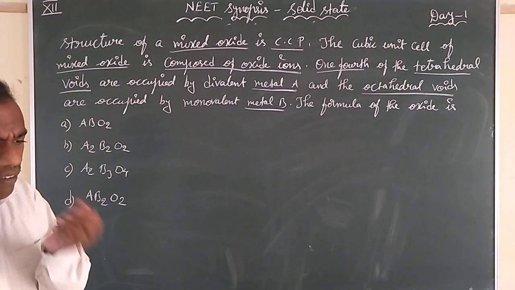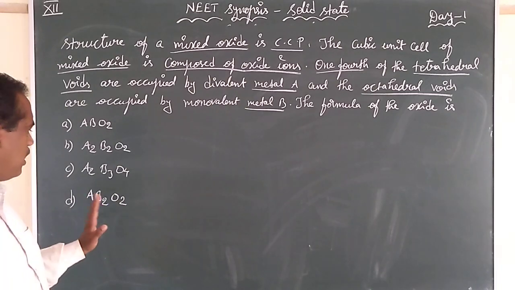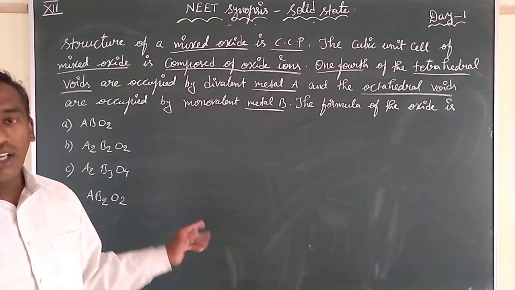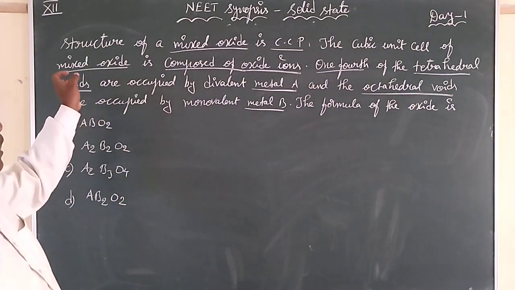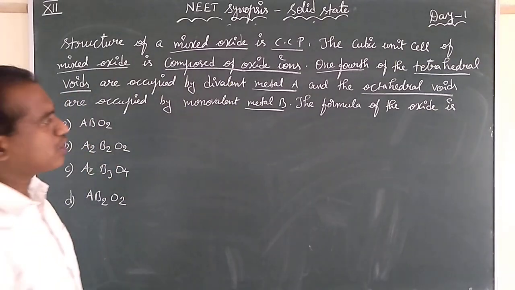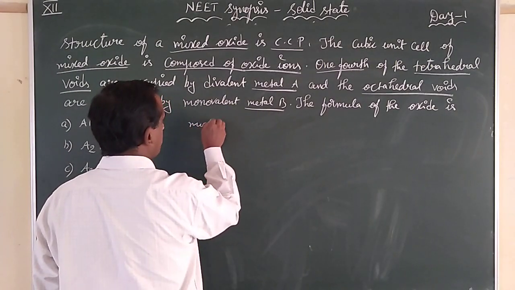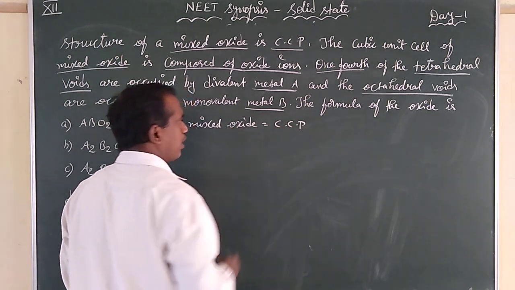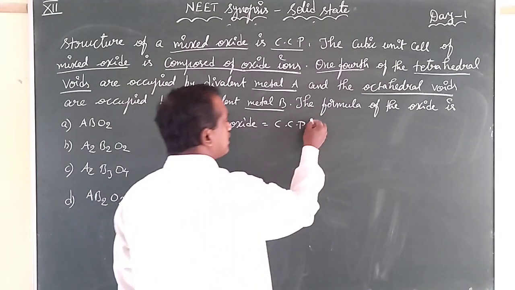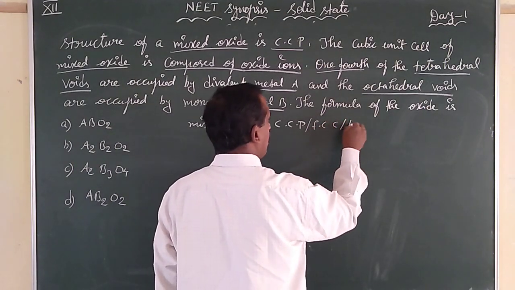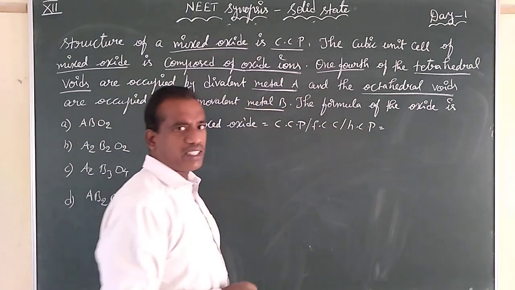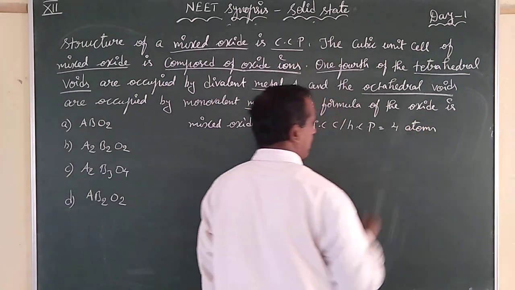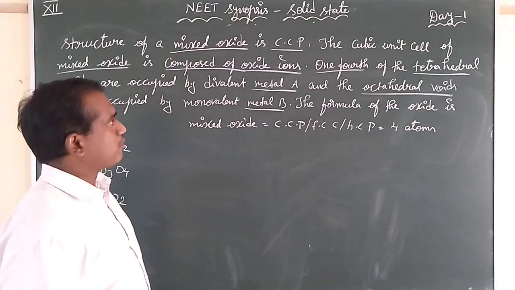See children, whenever a question is given, first look at the options. From the options you can see that A, B and O are there. From the question, the structure of the mixed oxide is CCP. What we had already learned is that for CCP or FCC or HCP, 4 atoms will be there.